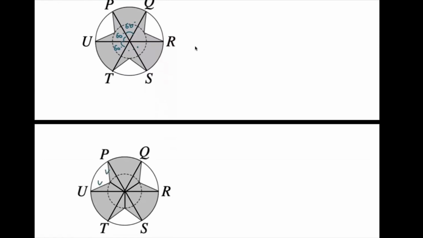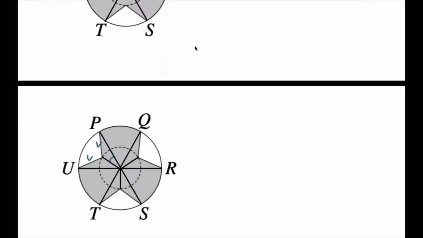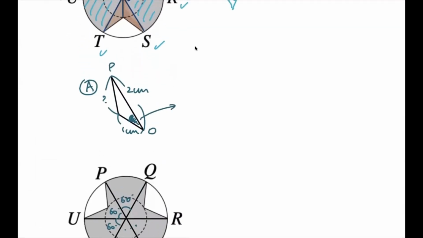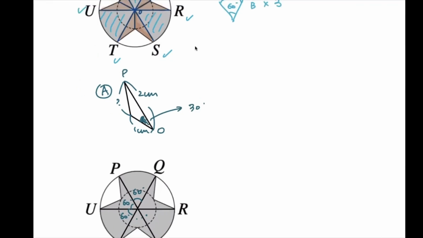Therefore, each of them would be, let's zoom in, 30 degrees and 30 degrees. Now we know this angle is 30 degrees, so we can use the sine rule easily.